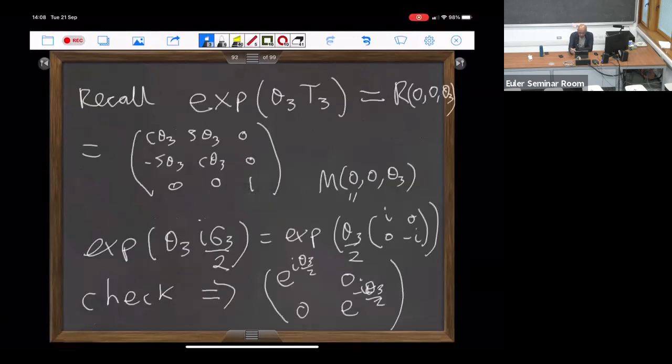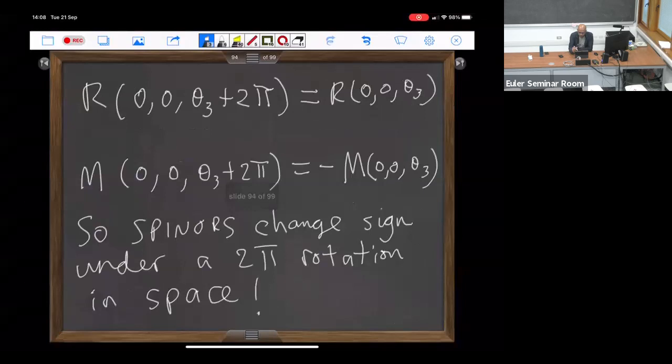And then we finished by emphasizing the importance of this factor 2, namely that in a geometric rotation, if you shift any of the angles by 2 pi, you're just rotating a vector back to itself. So you get the identity.